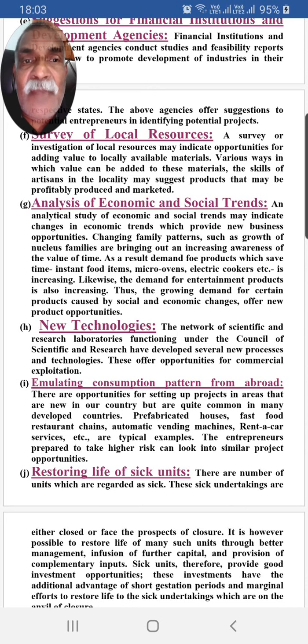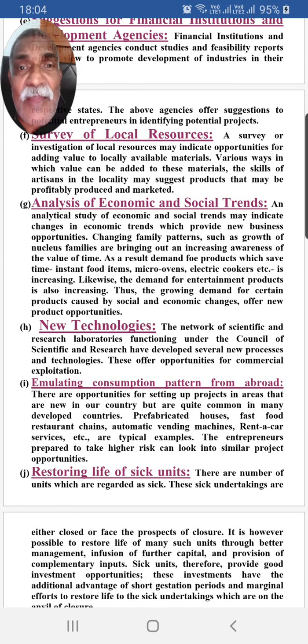As a result, demand for products which save time, instant food items, microwave ovens, electric cookers, etc., is increasing because now the family pattern is changing very fast from joint family to nuclear family.